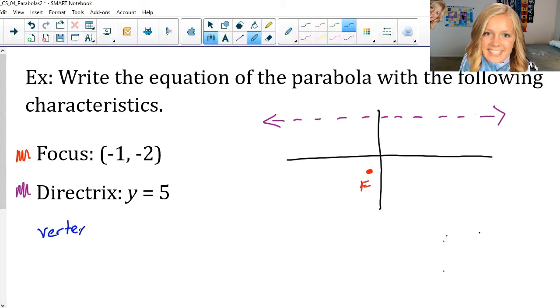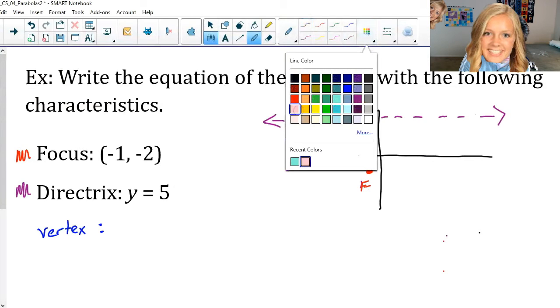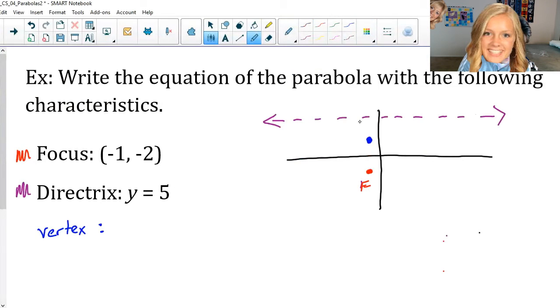I don't exactly know what the vertex is, but I know the vertex is always directly between the directrix and the focus. Let me use pink here. And this distance, whatever it is, is that variable lowercase p.